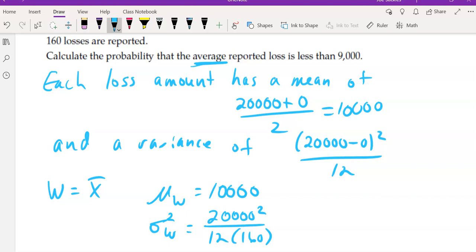Remember, when we're doing the average, your variance gets divided by the N. So I'm taking the variance and dividing by 160, or multiplying by 1 over 160.